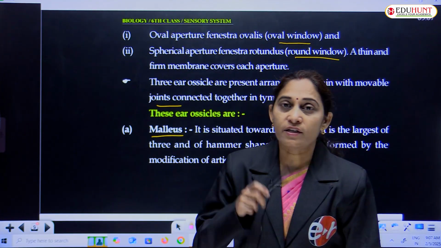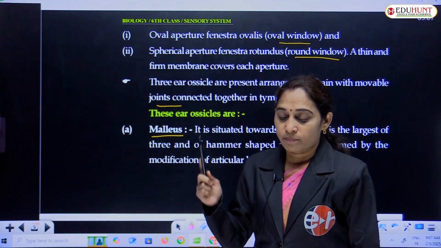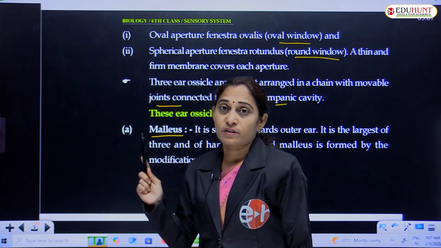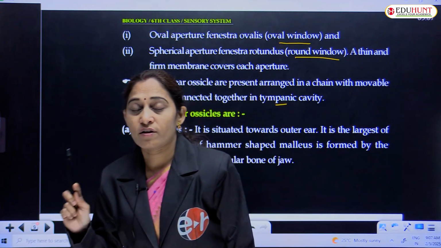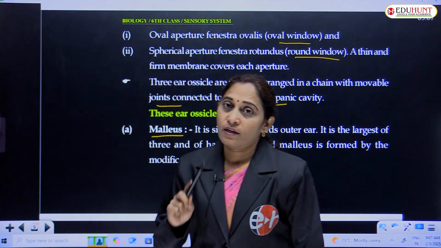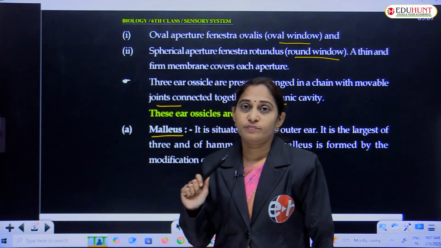It is already discussed. Next to this are two apertures called fenestra ovalis and fenestra rotundus, and these apertures lead to the internal ear.